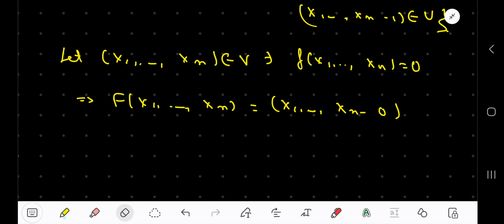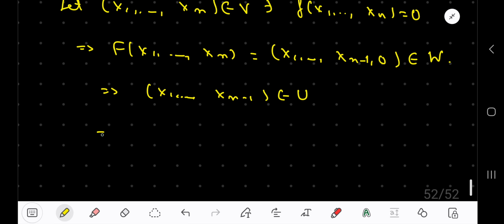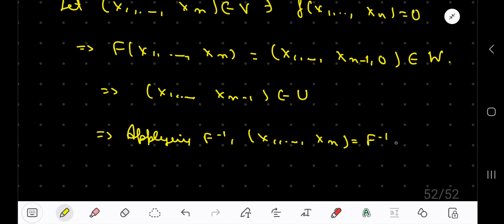This was how capital F was structured or defined, and this is in W. Once this is in W, this implies that this tuple x1 till x(n minus 1) is in U. This implies that applying f inverse to x1 till xn equals the inverse image of x1 till x(n minus 1) comma 0.